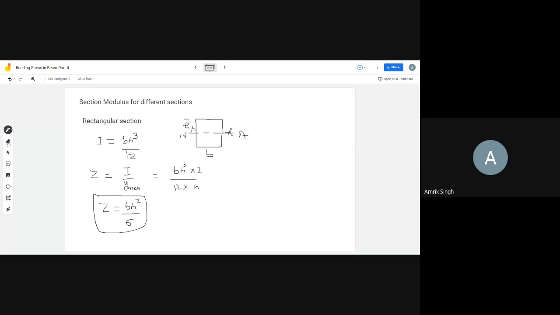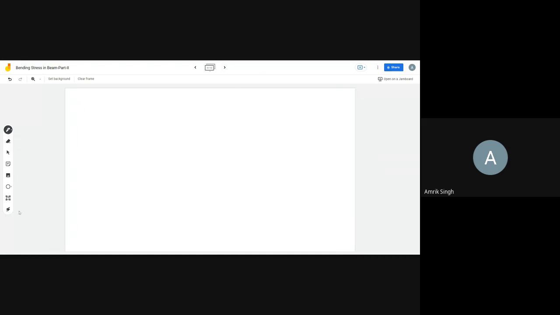Okay. Suppose there is a hollow section. So how will a hollow section look like? So this is a box with us, and we take out another box from here.